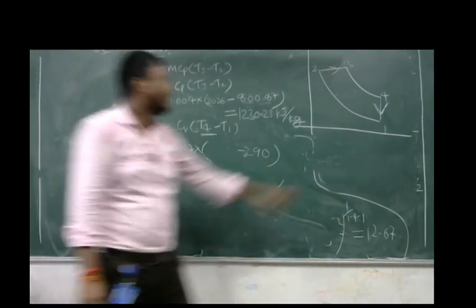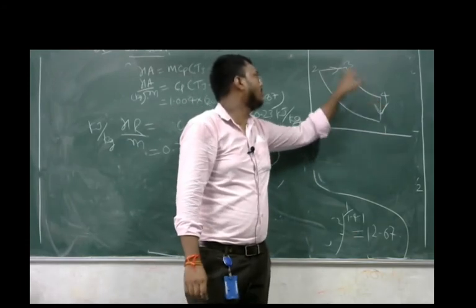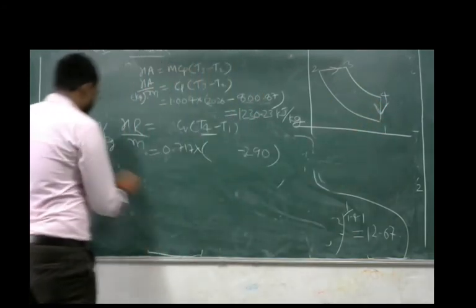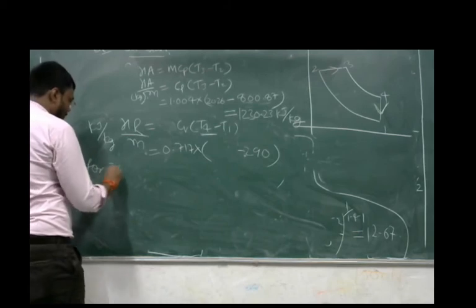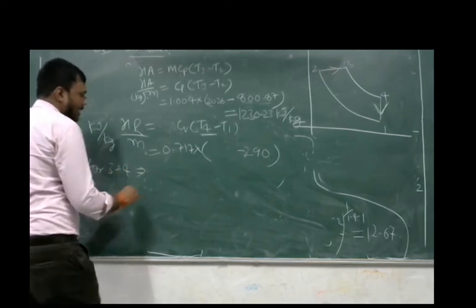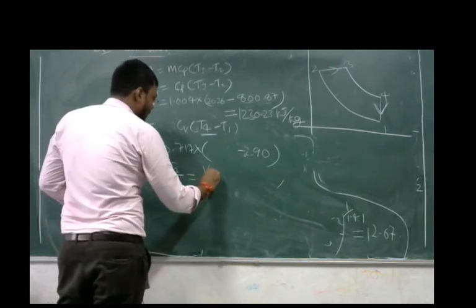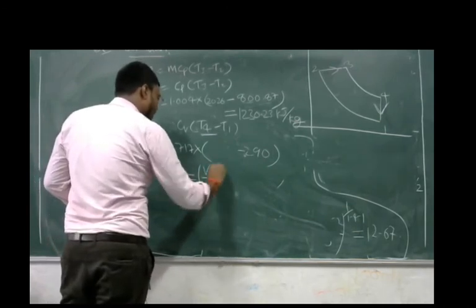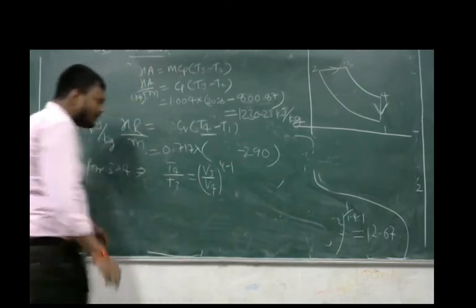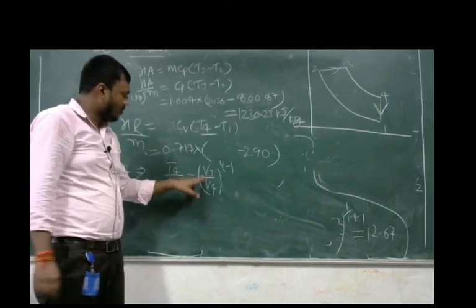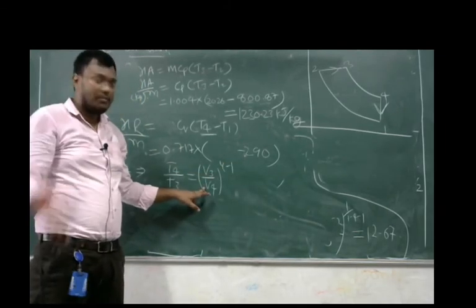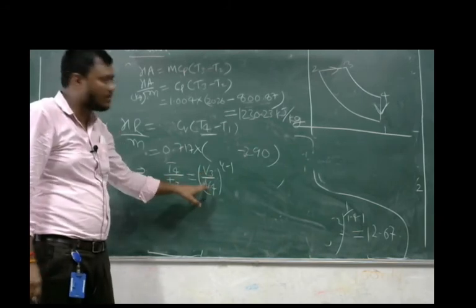So to calculate T4, we have to go from process 3 to 4. For 3 to 4, we can say that T4 by T3 equal to (V3 by V4) to the power gamma minus 1. And V3 by V4 is nothing but the reverse of the expansion ratio.